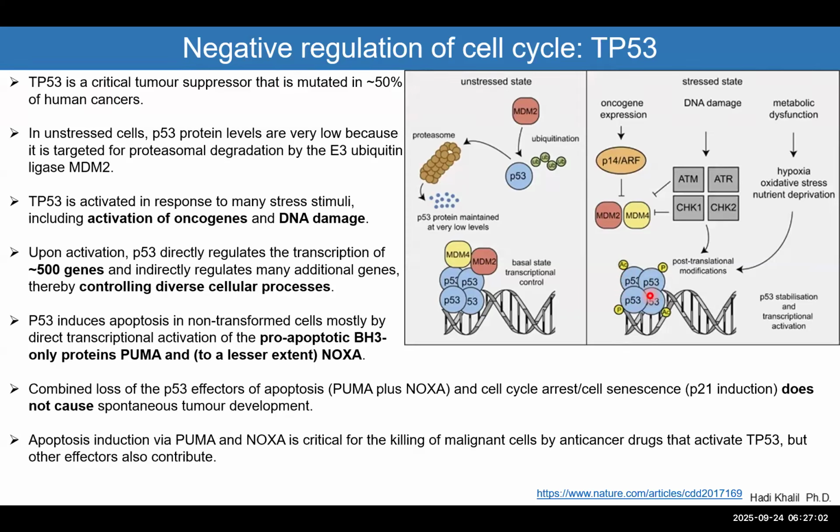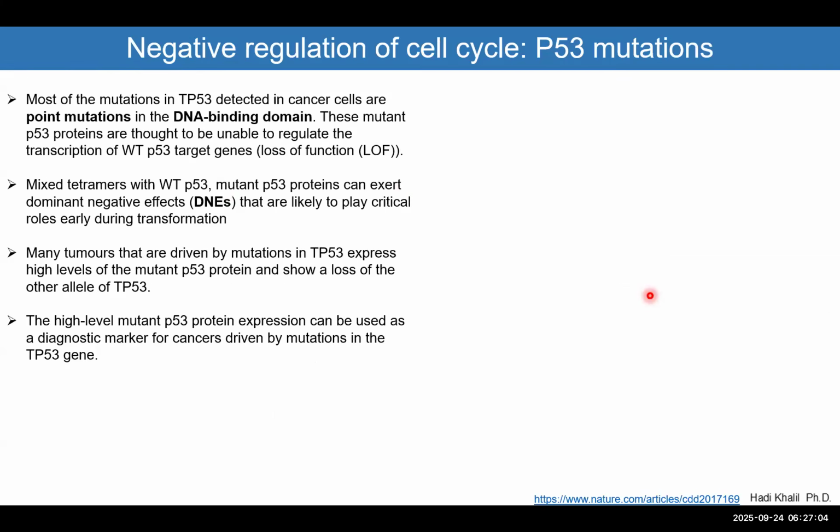Imagine 2 of them are phosphorylated, 2 others are not. Now we will have a dominant negative effect because these mutants will not exert the same function that the wild type proteins could do. In other words, the more mutant you have, the more p53 is not binding to the DNA. And therefore, this will play a role in the transcriptional regulation downstream of p53.